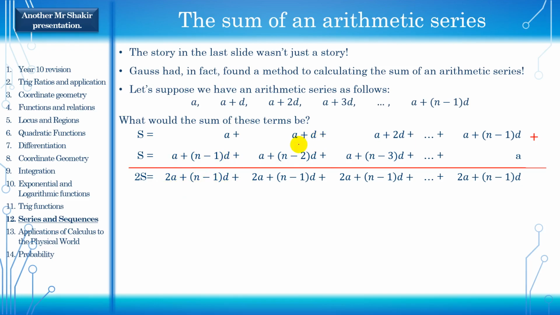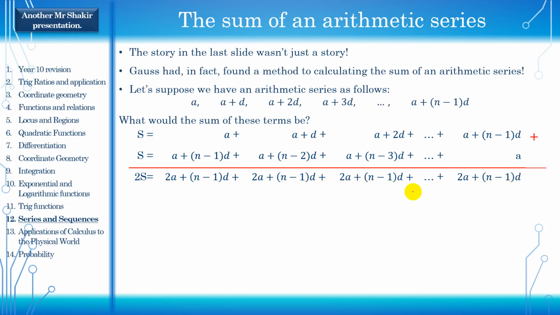Over here, a plus d plus a, that will be 2a plus d, right? If you expand this, you get nd minus 2d, and you add d to that, you'll get minus 1d. If you expand it, you'll see that it works. It's actually the same thing. So 2a plus (n minus 1)d, and you get all of these terms.